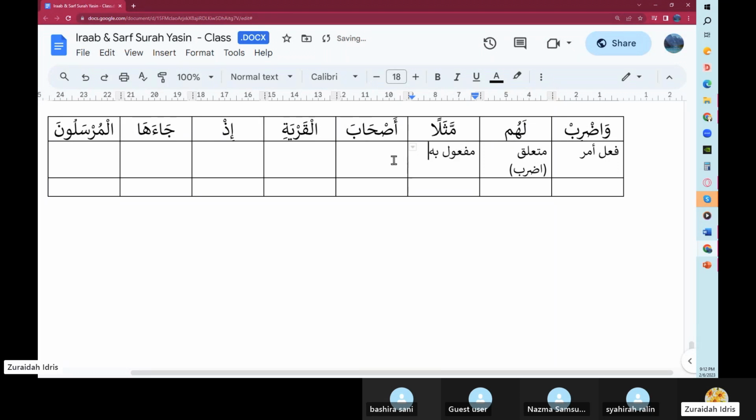And then we have ashab al-qaryati. This is of course a mudaf ilayh, we know this. But this mudaf ilayh or this idafa, what is it? What is this fragment all about in this sentence? What did we say last week, Sister Bashira? Can you use the mic, or you're not able to talk?